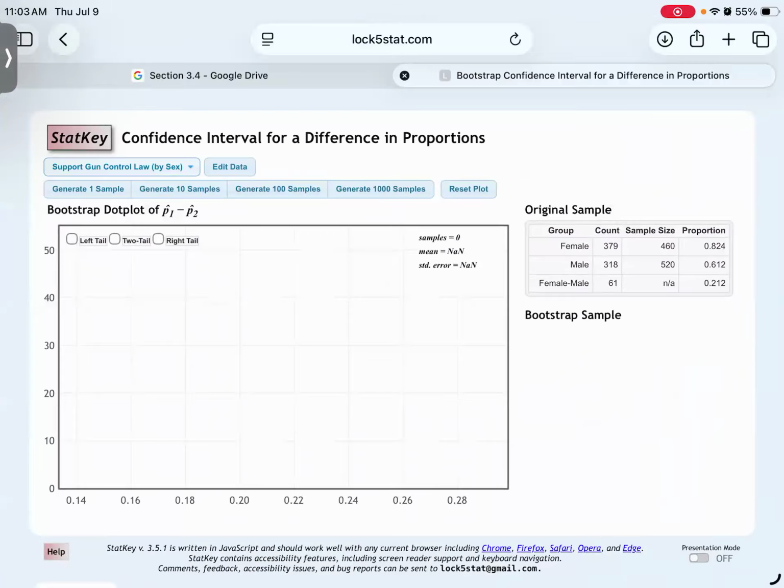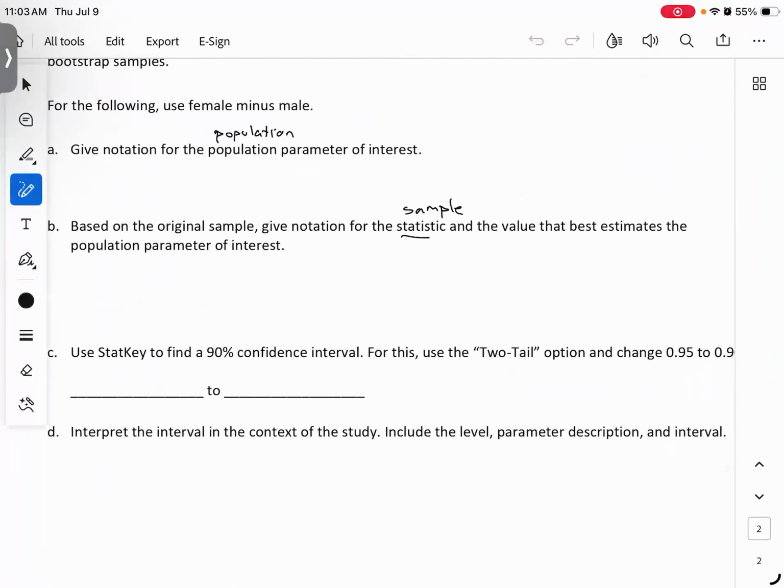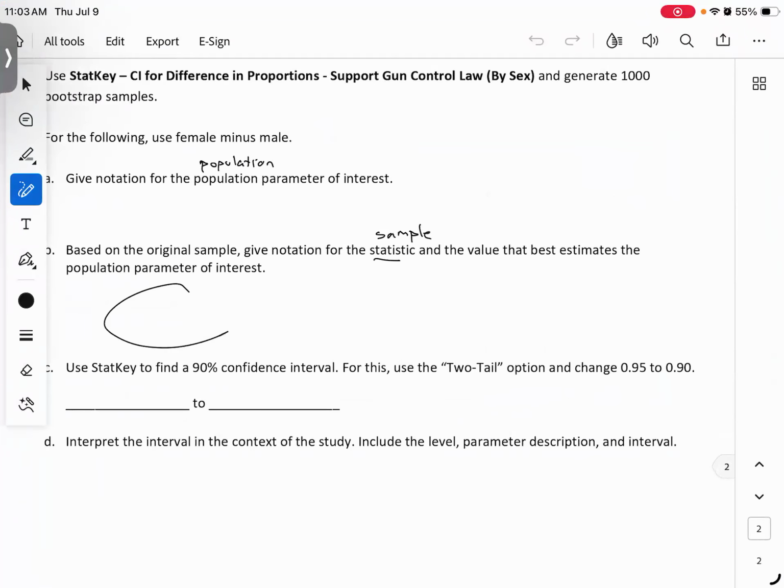So let's go ahead and just copy that information down for B. Right here, I'm going to put the notations in just a second. So for female, it was 82.4 minus 61.2, with a difference of 21% being higher in favor of the female. Now, here's the notations.